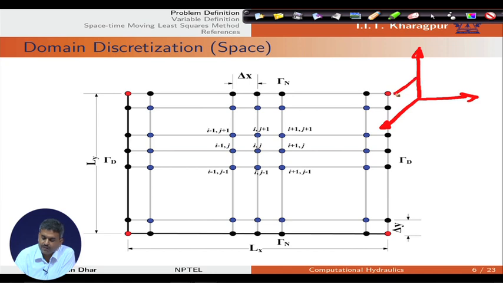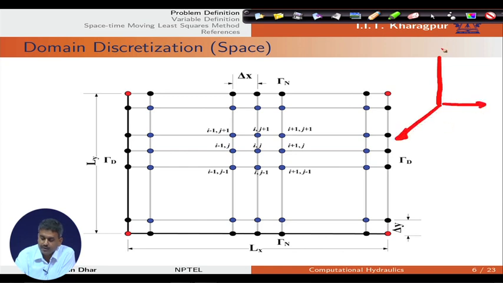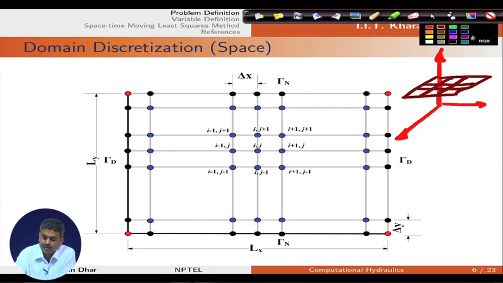So, we will have different time slices here, and there will be another slice on top of this one.